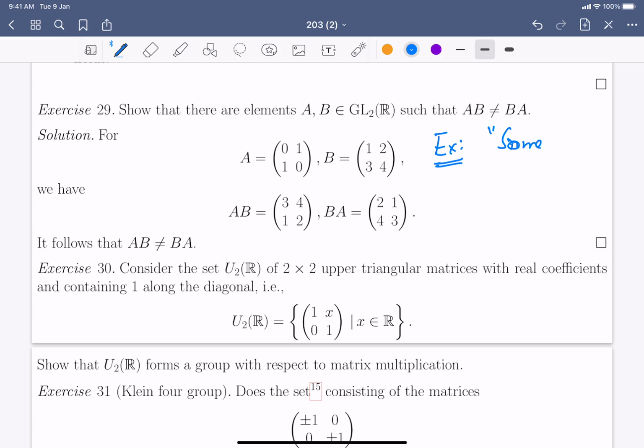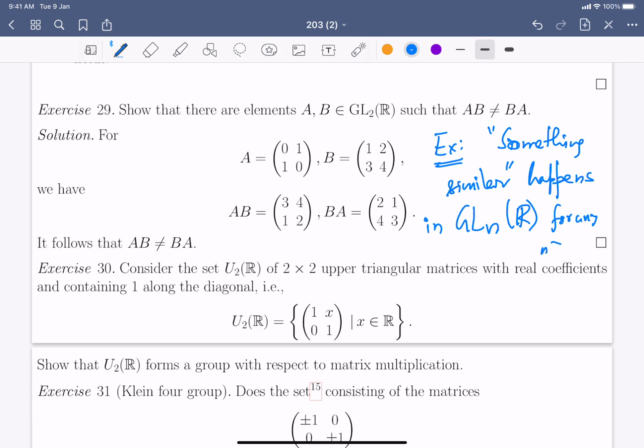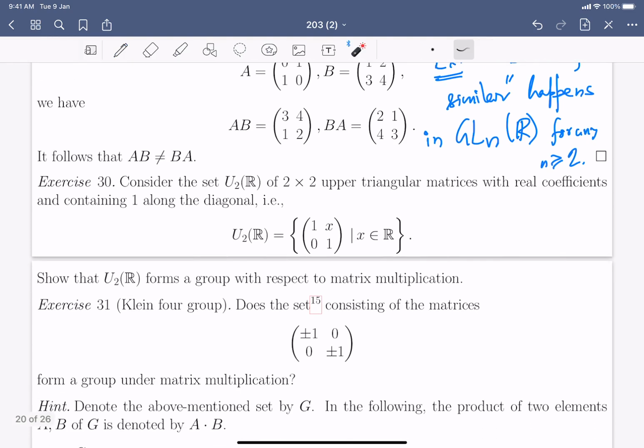Something similar happens in GLNR for any n greater or equal to 2. I'll introduce the terminology later on. For n equal to 1 you won't be in such a situation, because GL1R is just the group of all non-zero real numbers under multiplication.